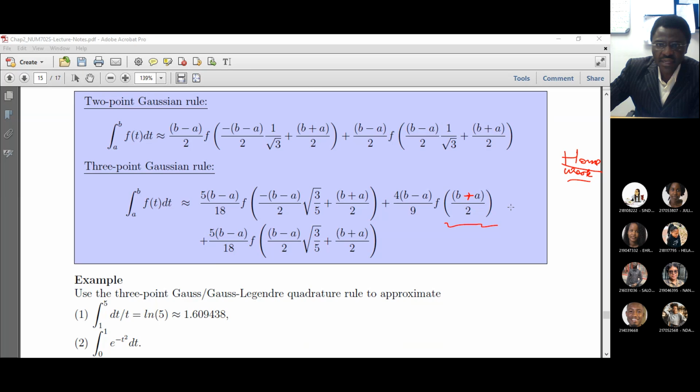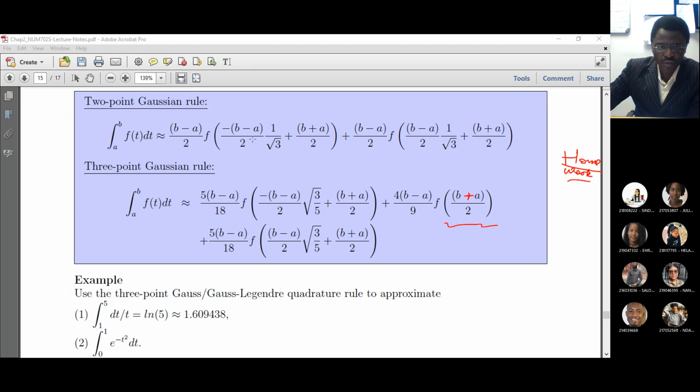Okay, and now this one, as I mentioned, you can see that this is plus. Why is this plus? Because if your f of 0, because remember that this is f of 0, if you replace x, you put x here, 0.